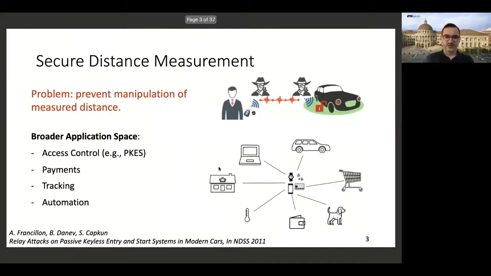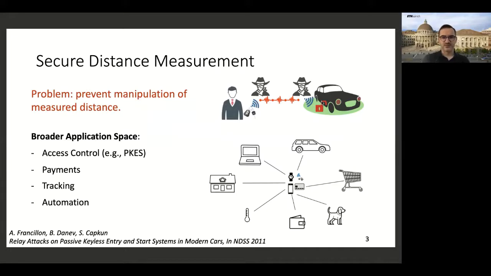This is a conventional problem of secure distance measurement, where two adversaries manipulate the communication between the key fob and the car, and convince these two devices that they are closer than they actually are.